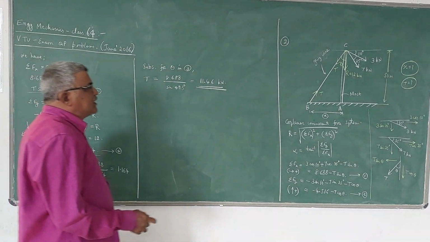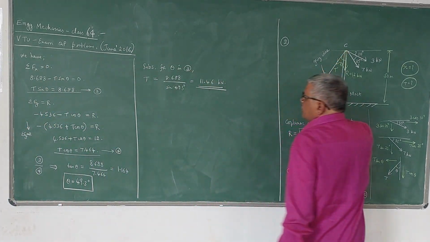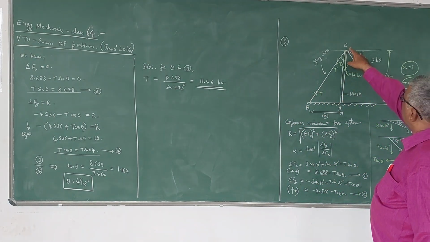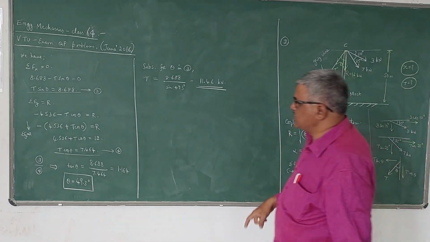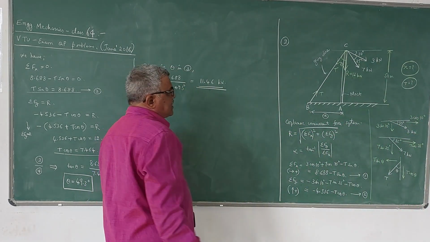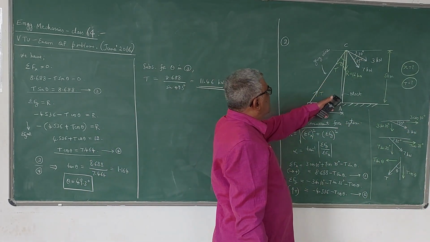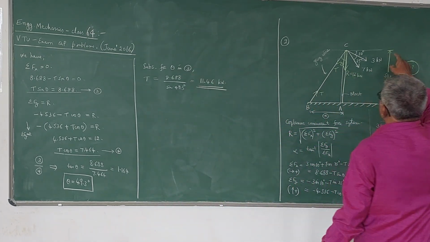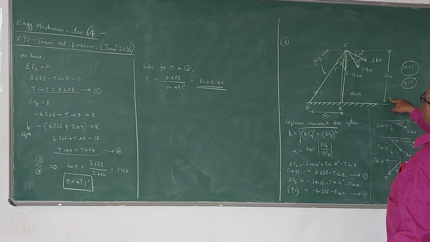That means in the guy wire, the tension force developed is 11.46 kilonewton, so that the resultant acts vertically downwards. Now he has asked for this distance x. The distance, of course, this is 50 meters, which he has given.